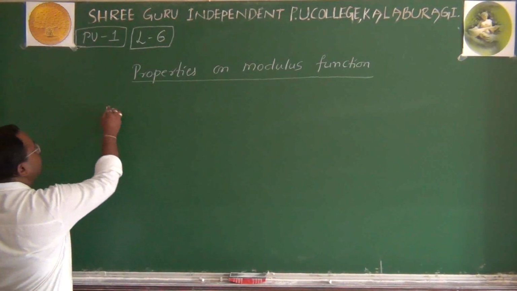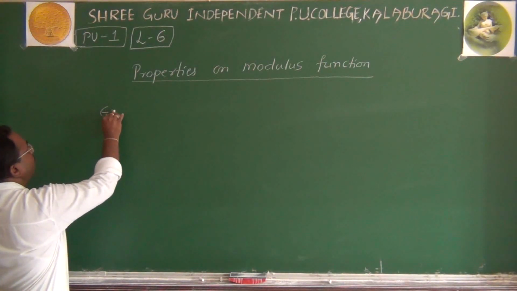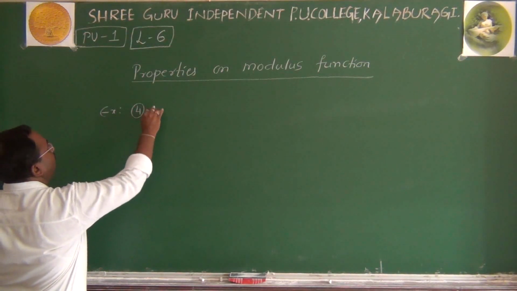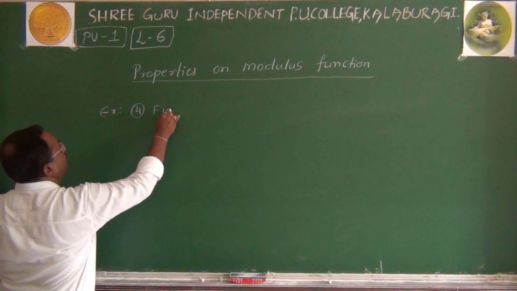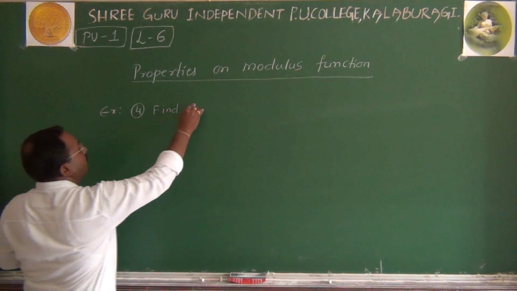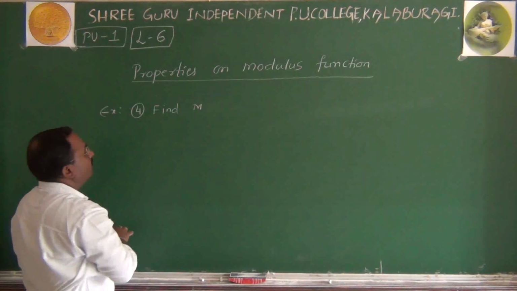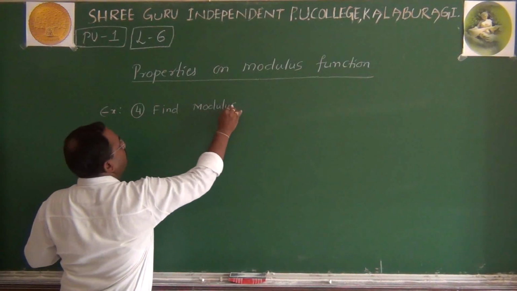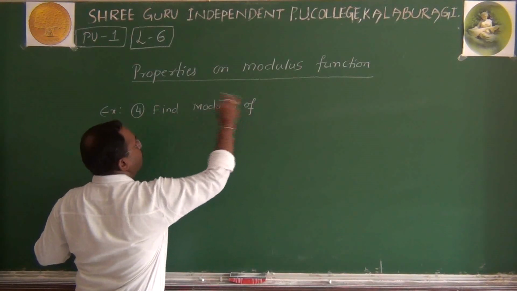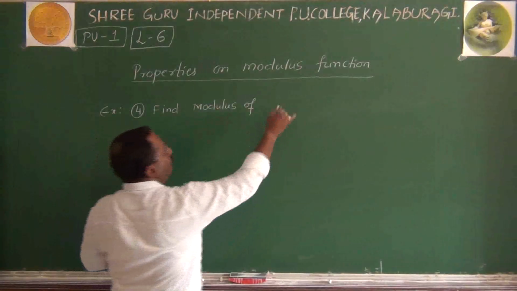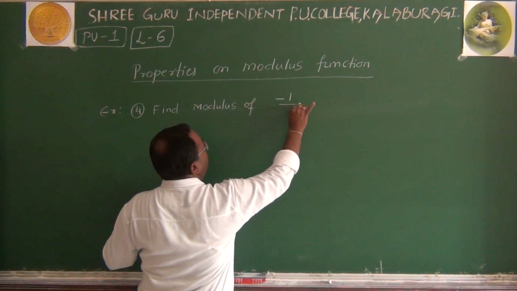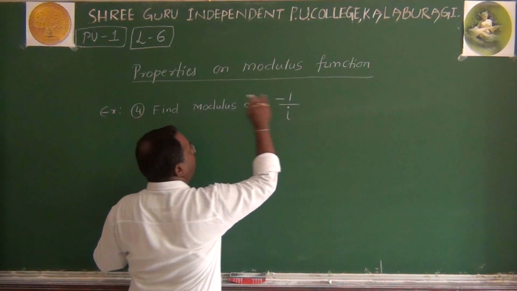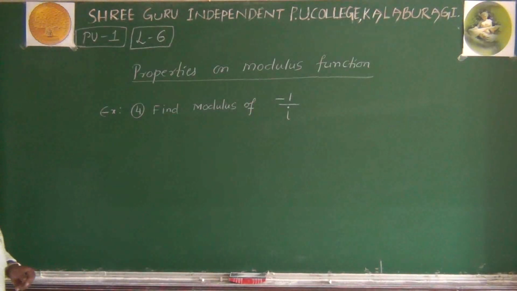That is example number 4. Find the modulus of minus 1 divided by i.